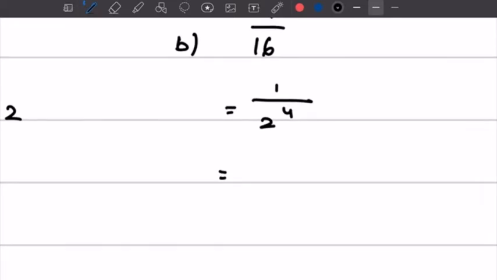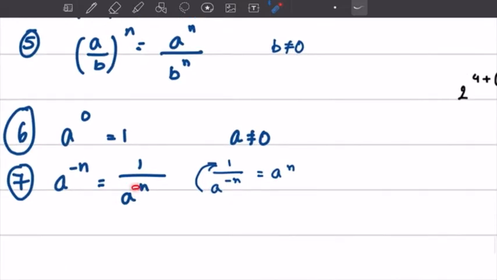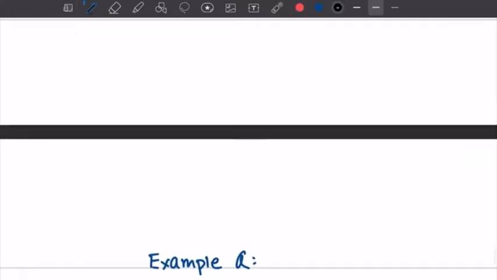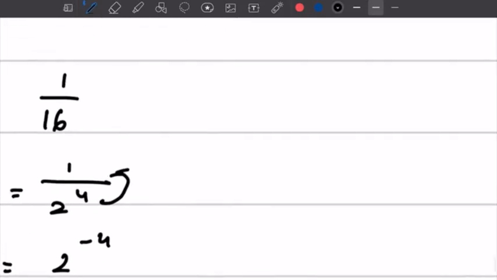So when you bring it up, you apply the inverse law. I mean, it's the opposite of this law. You have 2 to the power of 4 over 1. When you bring this up, this becomes this. So 2 to the power of 4 going up becomes 2 to the negative 4.